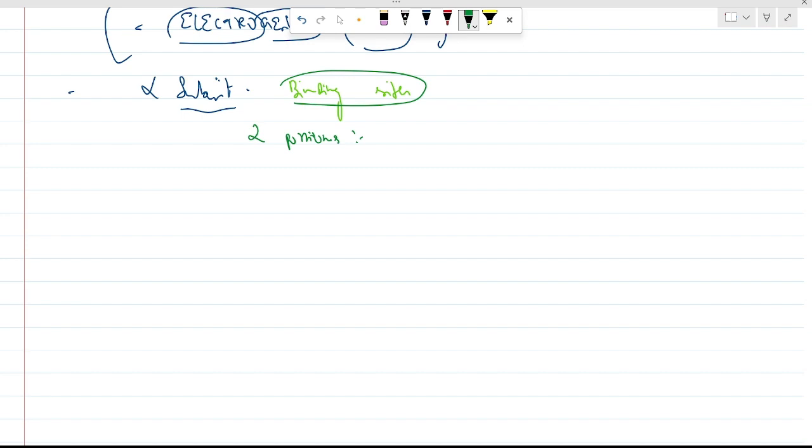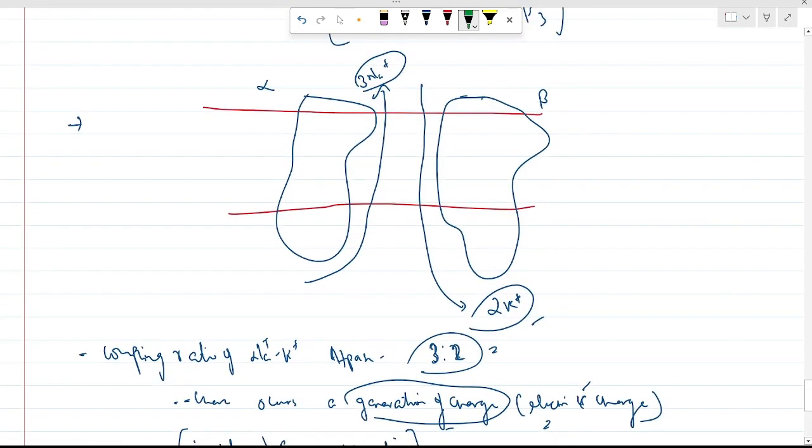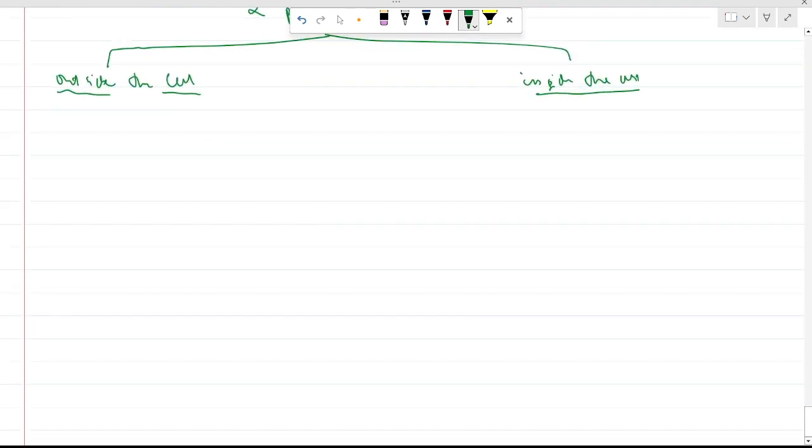The first portion is outside the cell, or outside the membrane. The other one is inside the cell. You see from this diagram, the alpha subunit spans across the membrane. This is the outside part, this is the inside part. The outside part contains some binding sites, and the inside part contains some binding sites. We are going to see what those are.